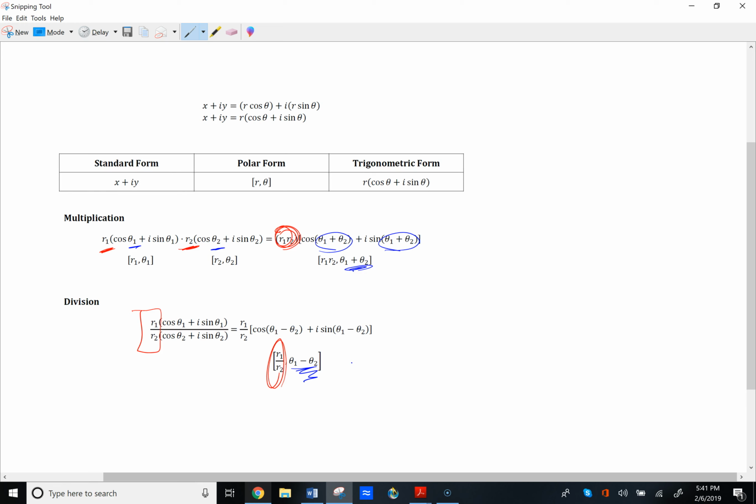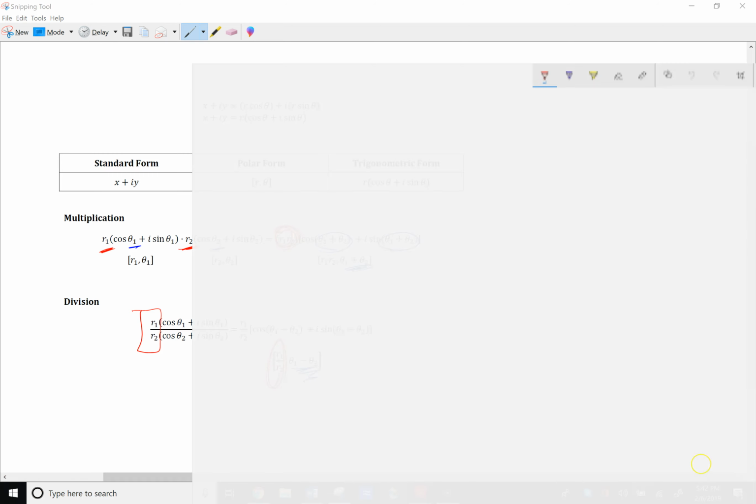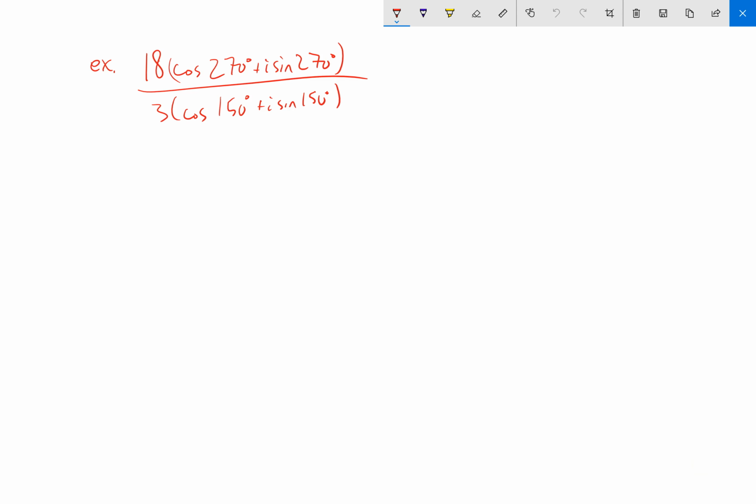We'll do one quick example of this because I don't think I need to do a bunch of them. Let's say we have 18 cosine 270 plus i sine 270 divided by 3 cosine 150 plus i sine 150. Again, this is one of the easier things you'll be asked to do this whole year. All I have to do is 18 divided by 3, that's 6.